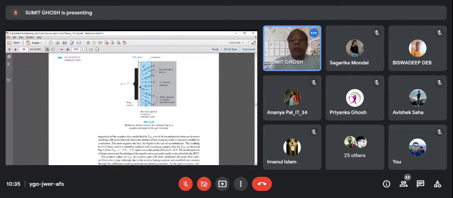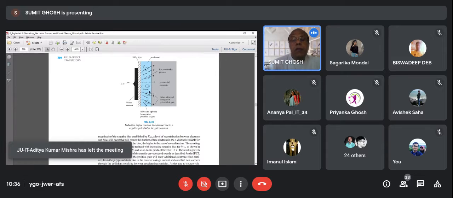The holes attracted towards the interface cannot cross the Himalayas and go to China. This is India. These Himalayas are there, so this is insulated. No electrons or holes can move across this insulation. So the holes can only be attracted towards the interface, and the electrons are repelled from the interface because of this negative potential at the gate.